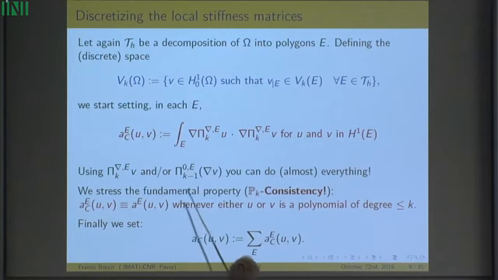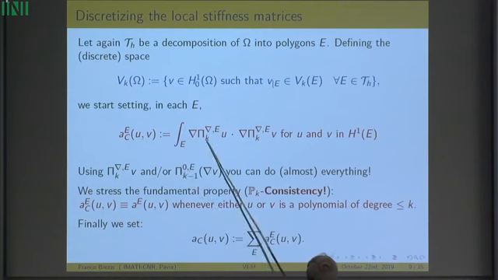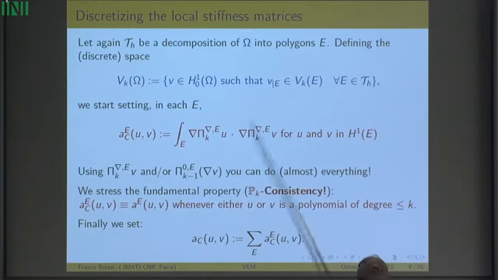So we can, instead of U and V, take the gradient of the projection for both of them, and this will give you a bilinear form on the space of virtual elements, which is a good mimicking of the true one.